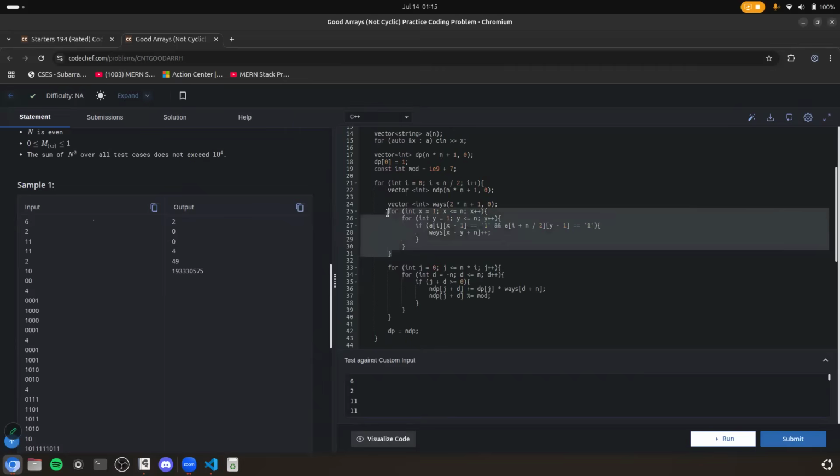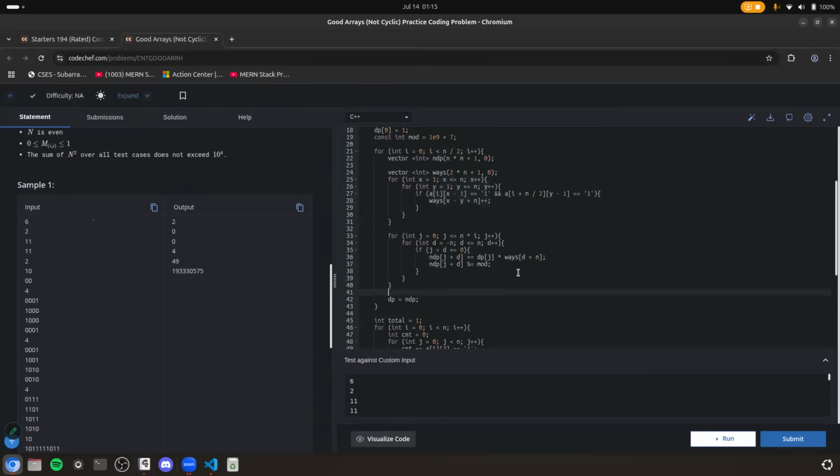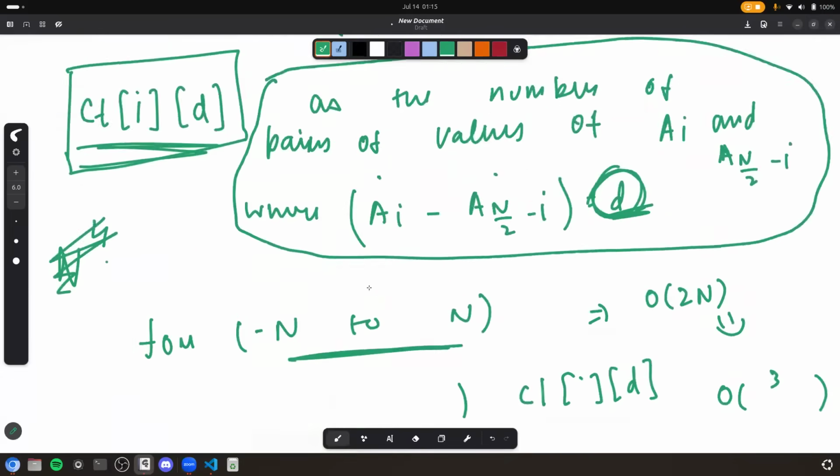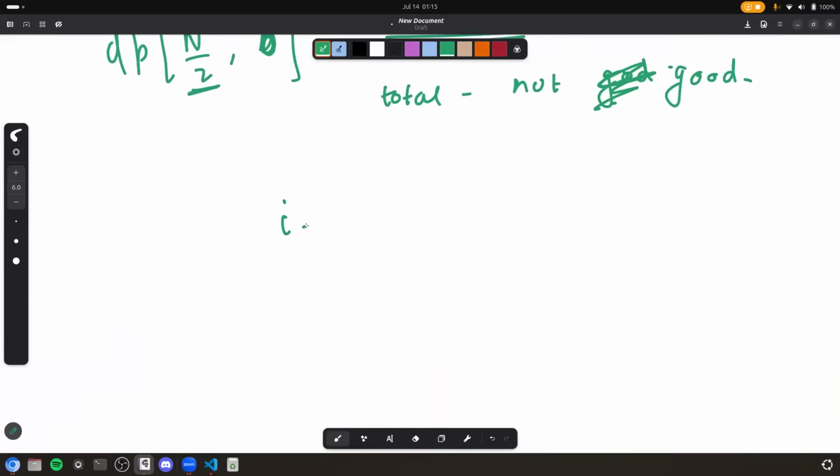Now that we have initialized the cnt variable, for the new dp, what we can do is new dp of j plus d is old dp of j, which basically means i minus 1 comma j.